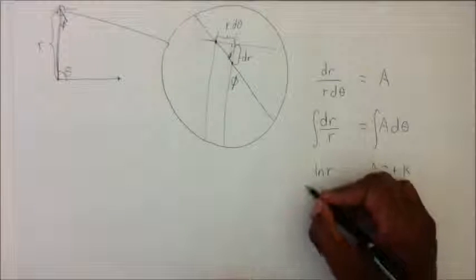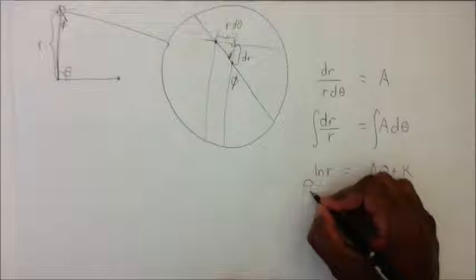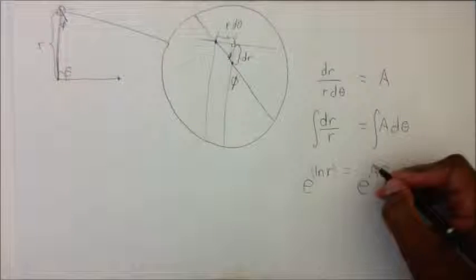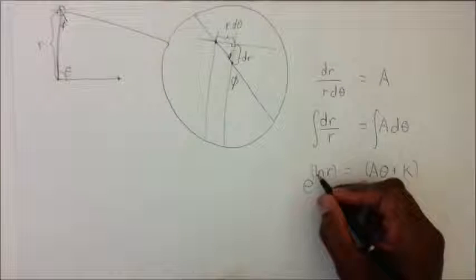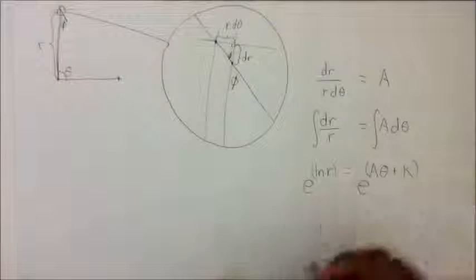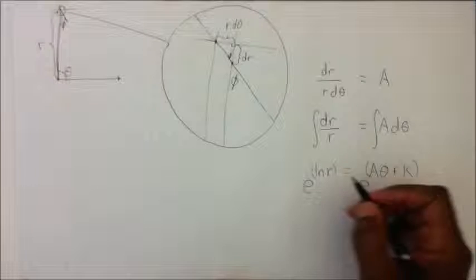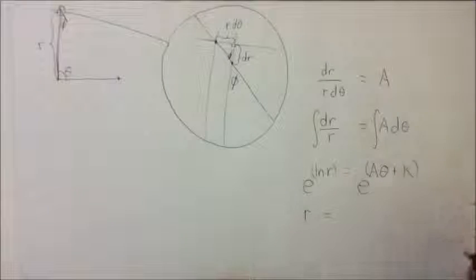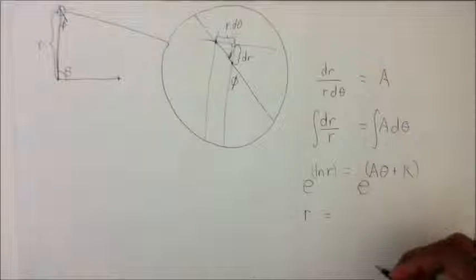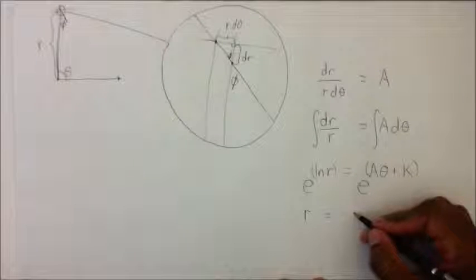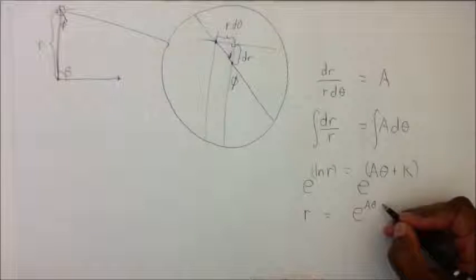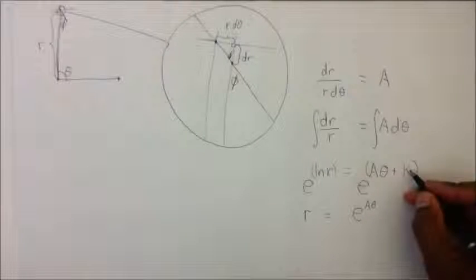I can raise e to both sides. e to the natural logarithm of r will give us r, and that is going to be e to the a times theta plus k, but whenever you add exponents, you're essentially multiplying.